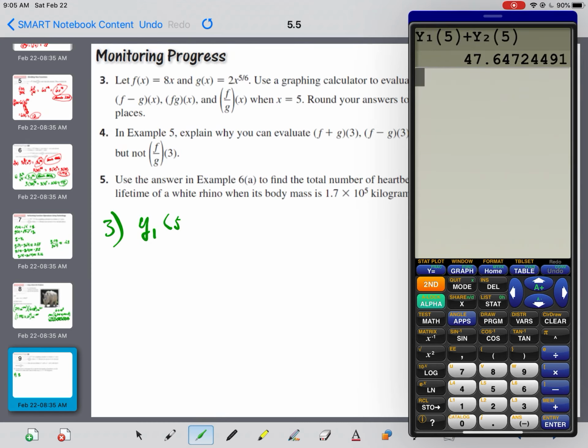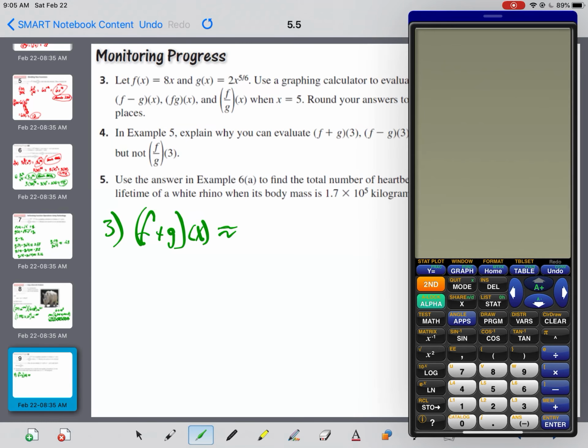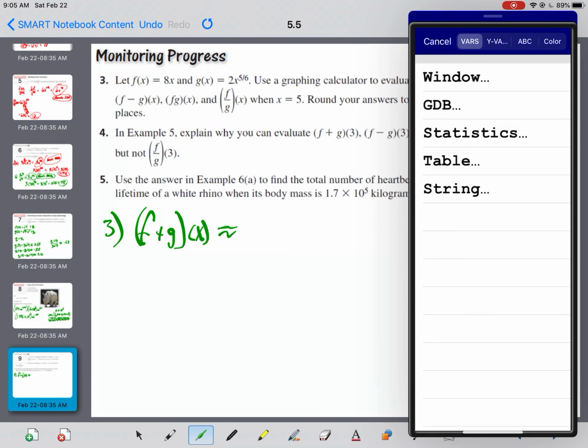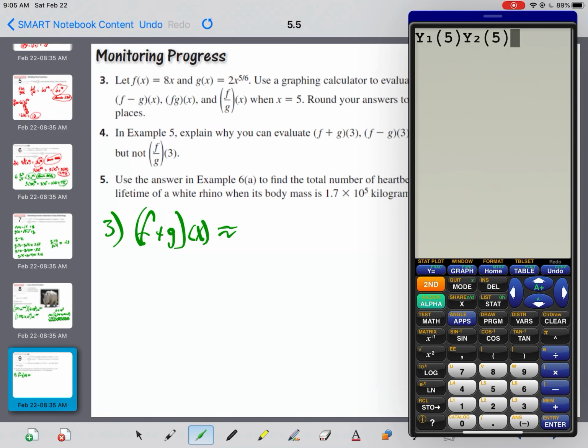So y1 of 5 plus y2 of 5, or I could just write it as f plus g of x. Oop, go back up. Undo. Oh, well, dang it, I lost it. y1 of 5, and y2 of 5, and I should have put a plus sign, enter.